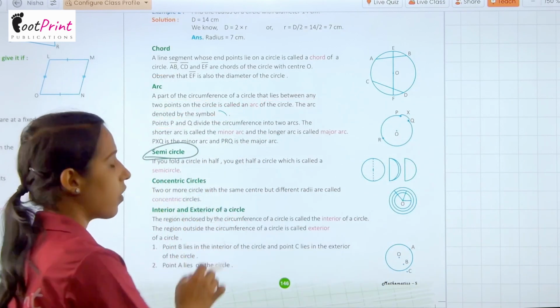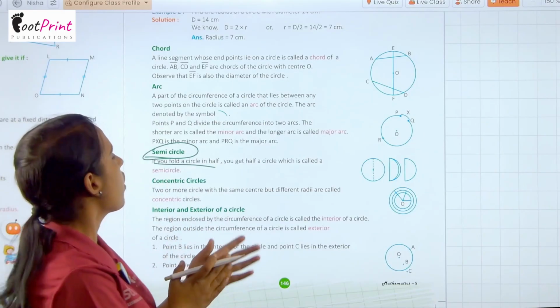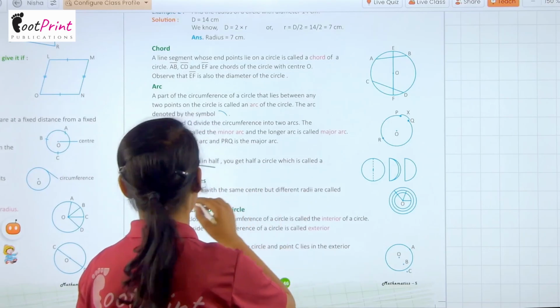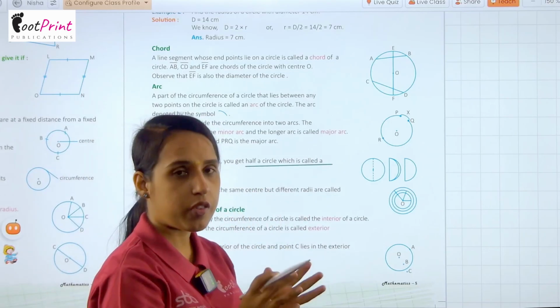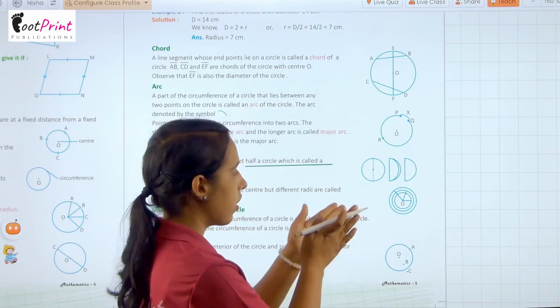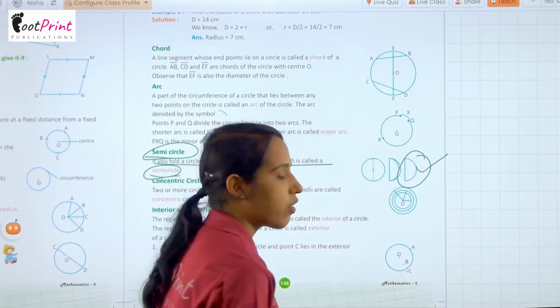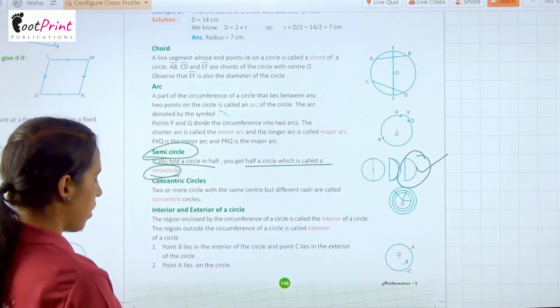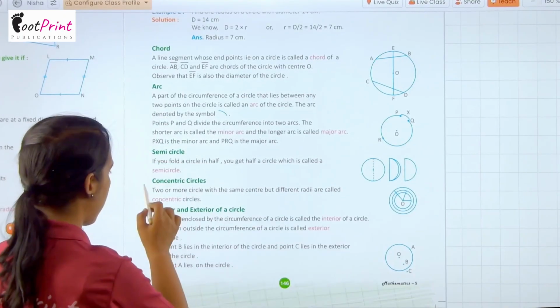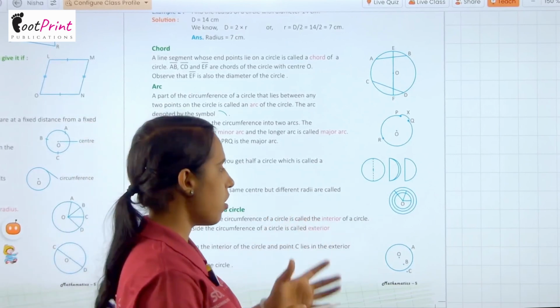Next one is semicircle. What is semicircle? So if you fold a circle in half, you get half a circle, which is called a semicircle. Means half of a circle we can say semicircle. So we have a circle and we fold it as half, so we get this figure, and this one is called semicircle. Now concentric circles. Concentric means different circles made from the same center.